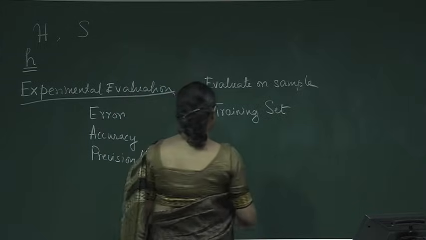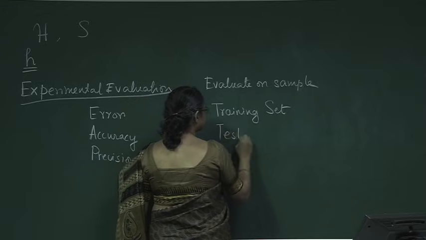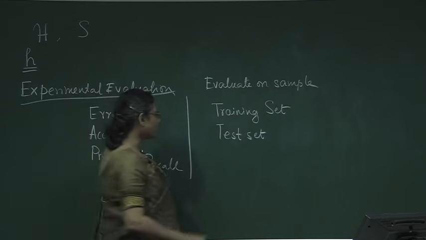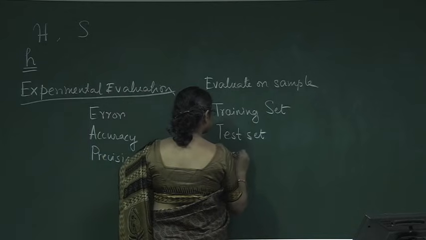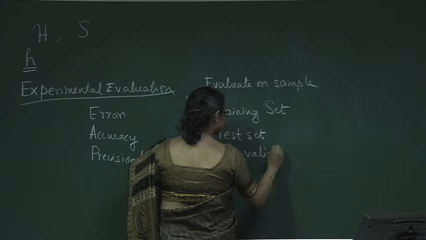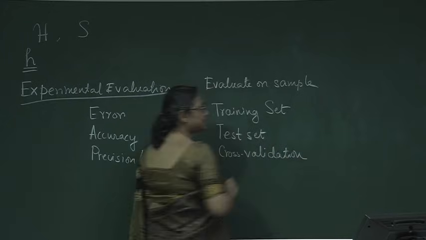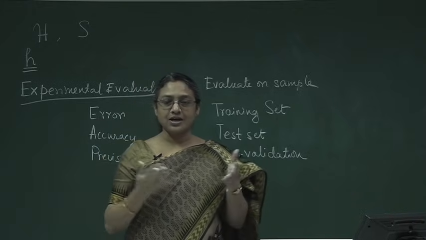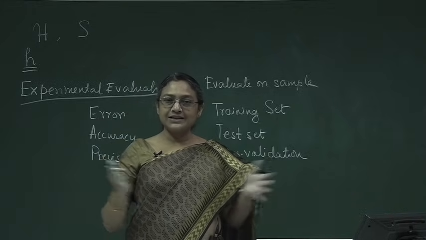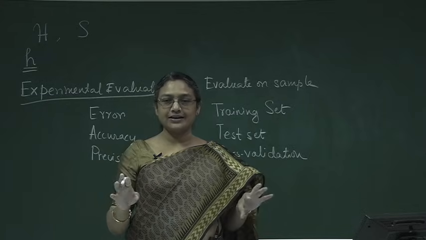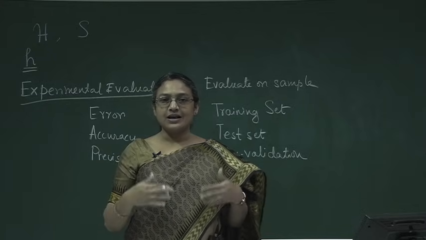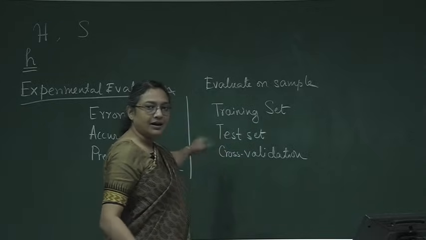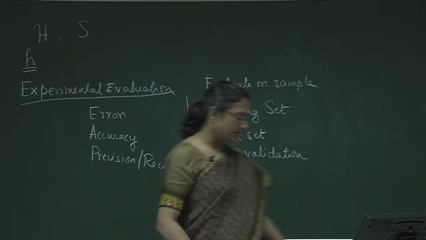Because of that, you use a test set which is disjoint from the training set, and we will talk about cross validation, which can be used while training the algorithm. In order to tune the algorithm, how you can split the training set into train and test and still use the data that you have to your maximum advantage. That can be discussed when we discuss cross validation.